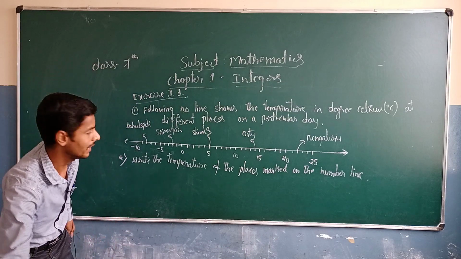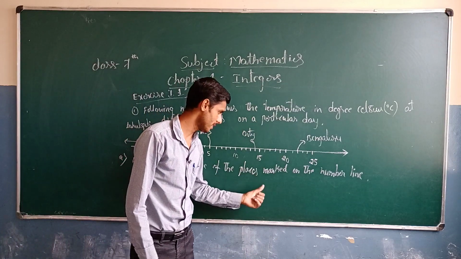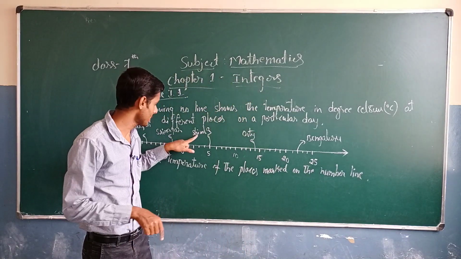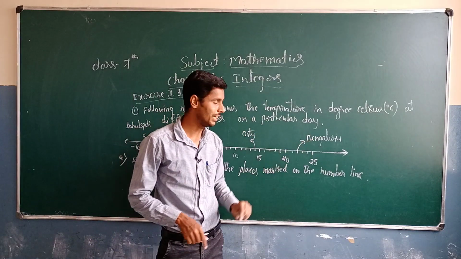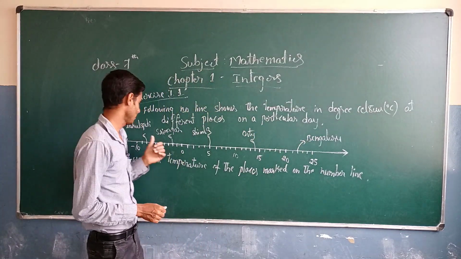What we have to write here is the temperature of the places marked on the number line. On the number line, some places are marked. We have to write their temperature. So let us write one by one.